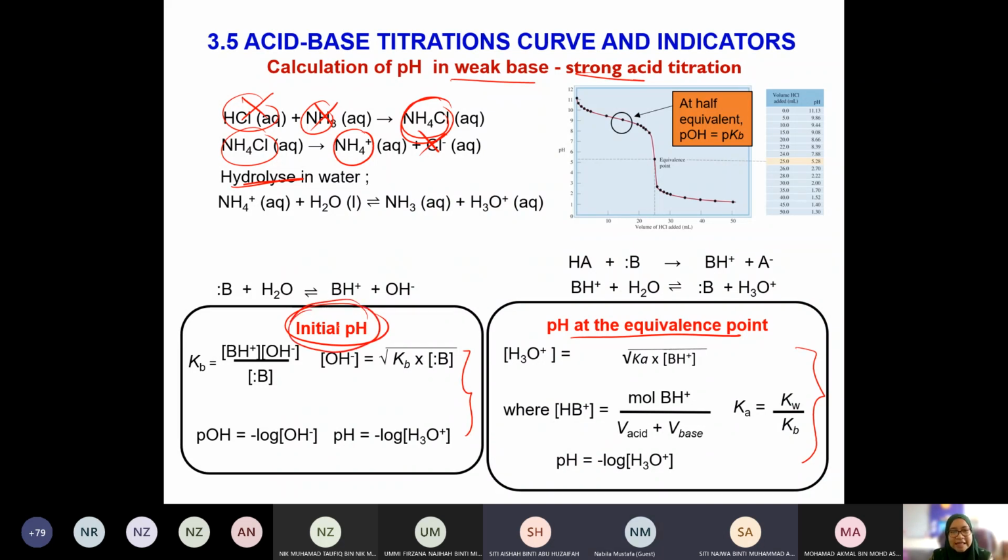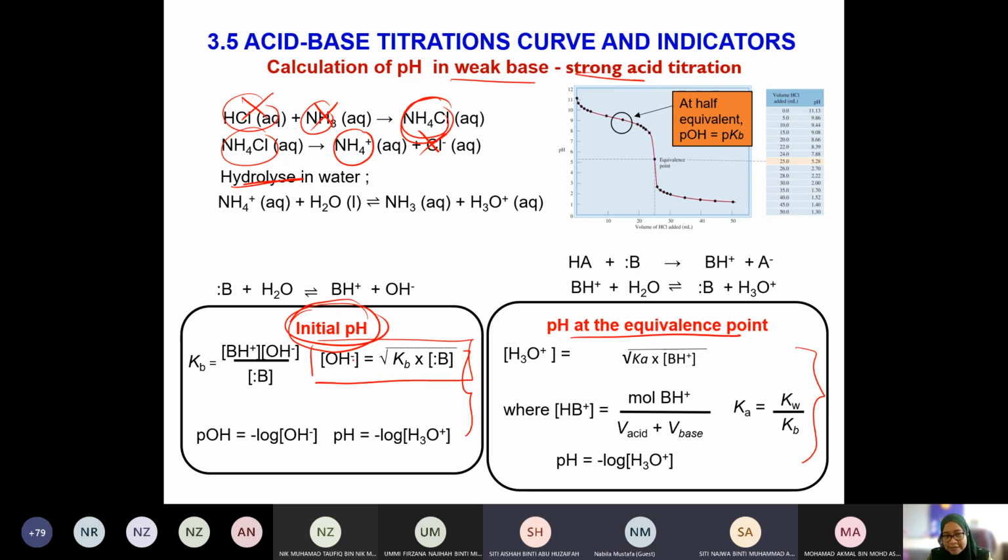So you imagine, like I said just now, for strong acid with strong base. Initial pH means before we start titrating, what is in the flask. If a weak base is in the flask, you want to know the pH of the weak base. So how do you know the pH of a weak base? You should be using this formula, if you have a weak base.